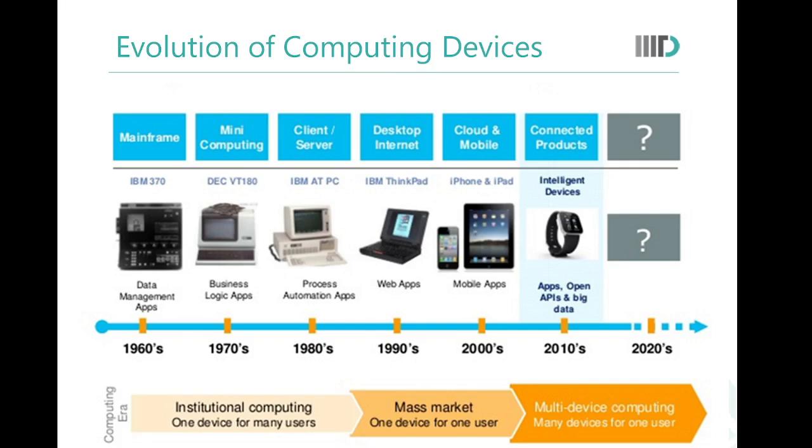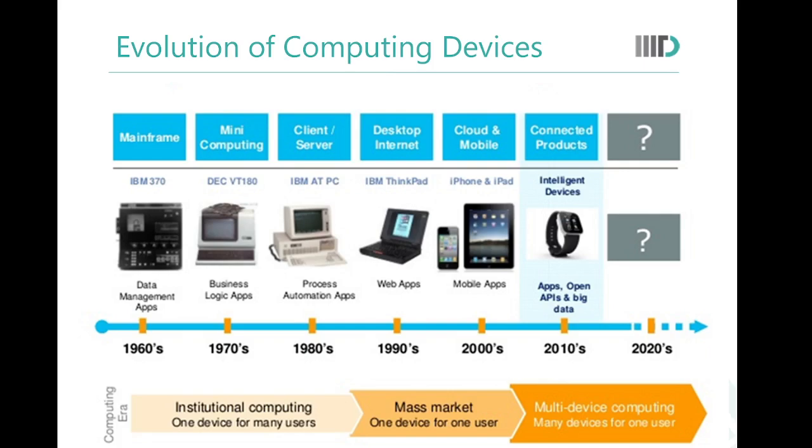So, that clearly says that we have multiple computing devices per person, and this trend will continue and we will see more and more of these things. Now, how was all this made possible?